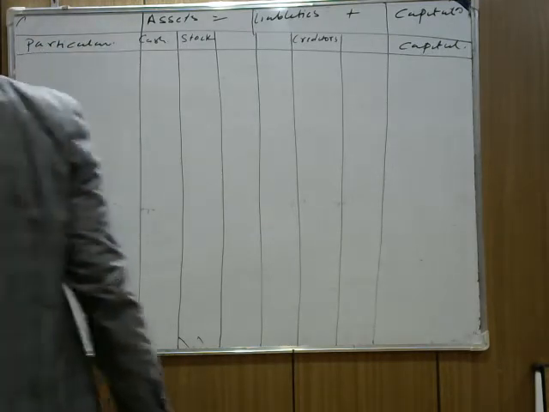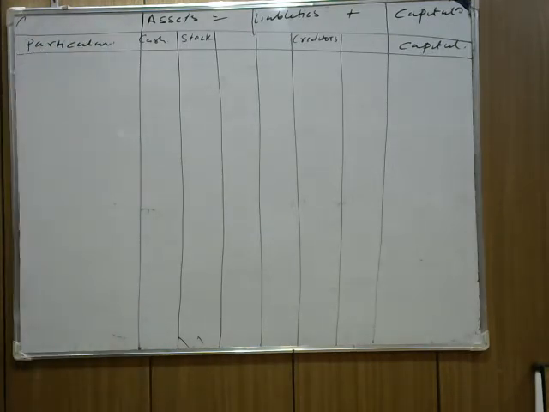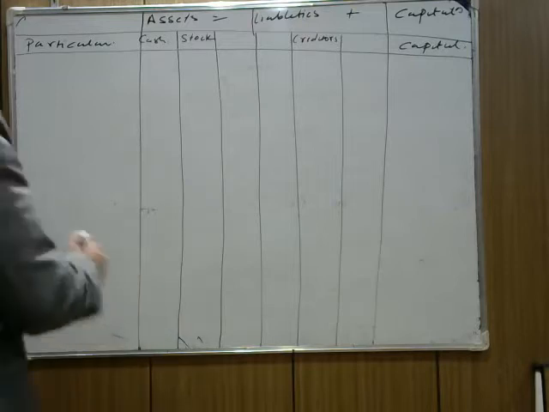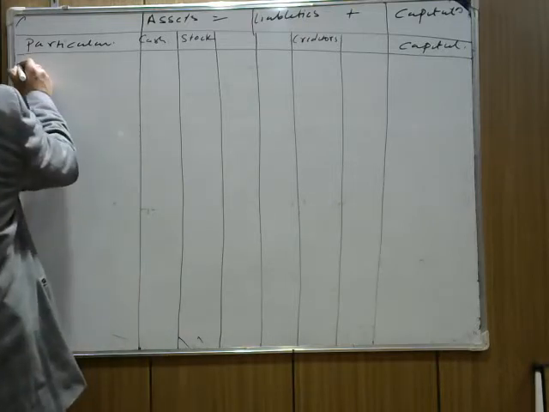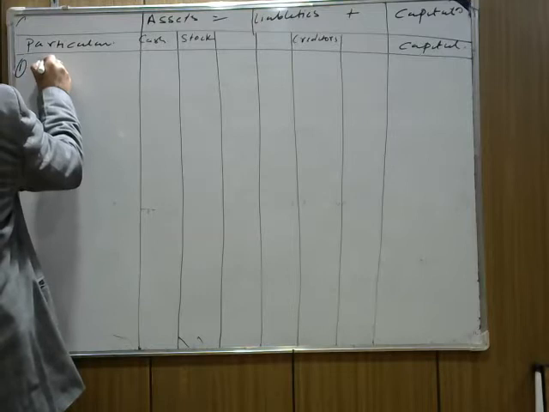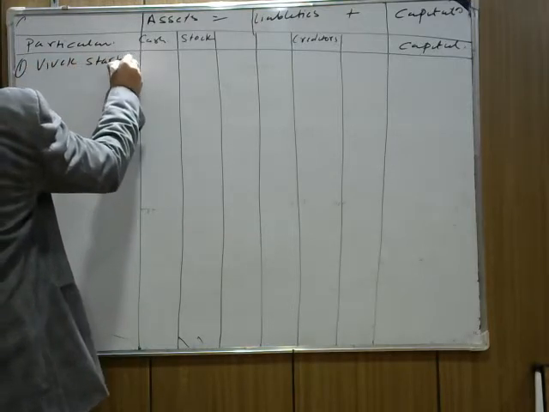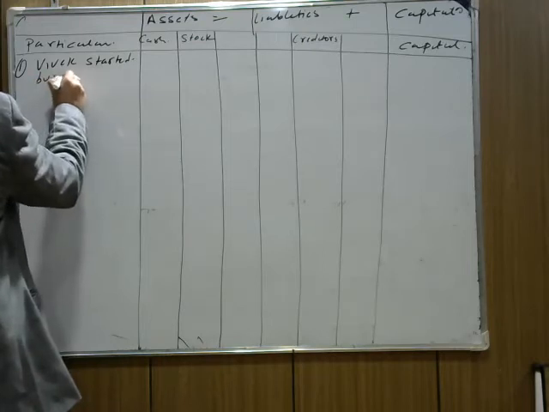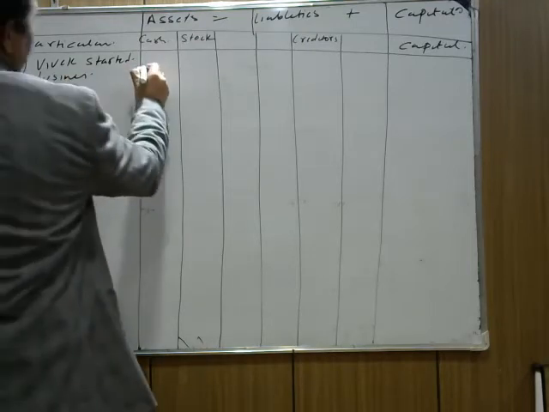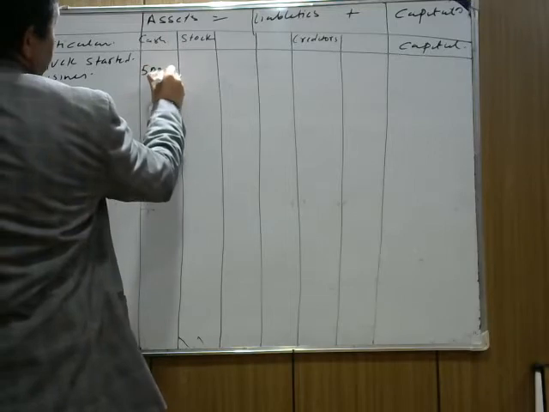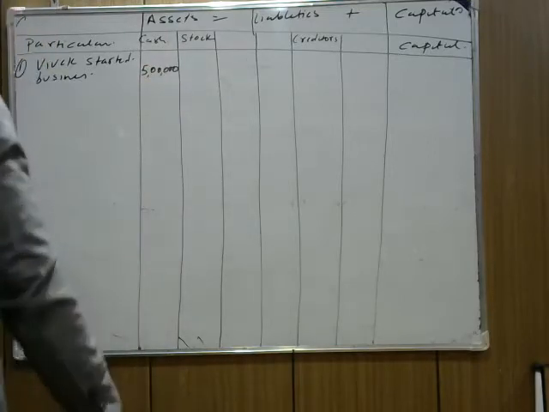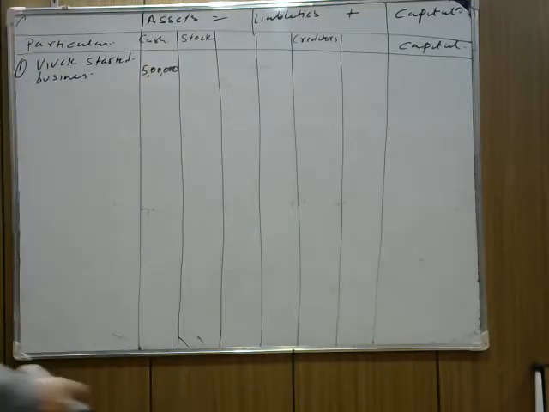Now tell the first transaction. They say Vivek started business with cash rupees 5 lakh. The first transaction we write here is Vivek started business. He put 5 lakh in cash and land worth rupees 40,000.